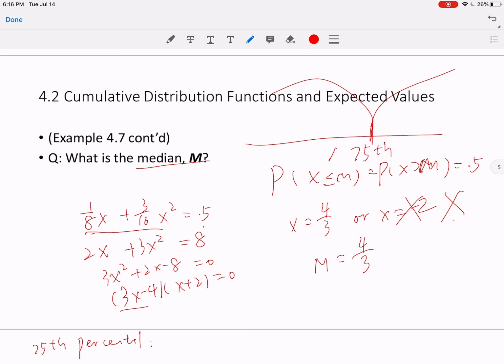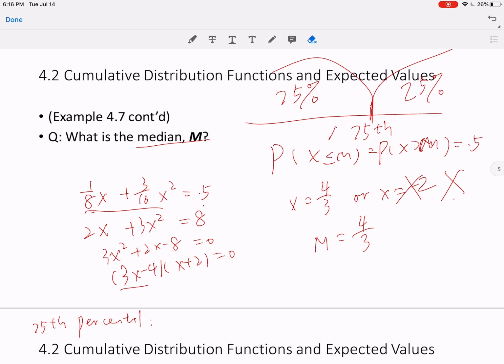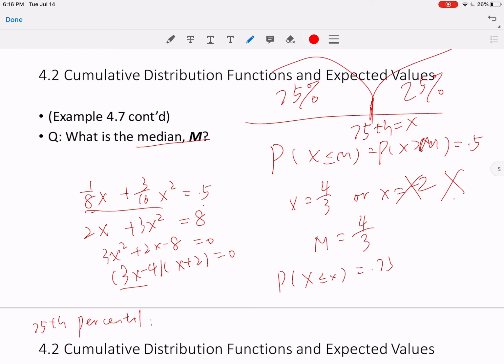The 75th percentile splits the whole data set into the bottom 75% and the top 25%, right? If I set the value of the 75th percentile equal to x, then we know that the probability that X is less than or equal to little x would be equal to 0.75.